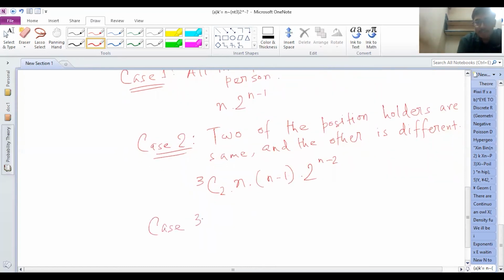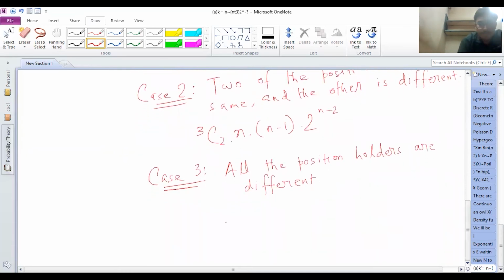As for the third case, all of the position holders are different. So the people for the three positions can be chosen in n times n minus 1 times n minus 2 ways.